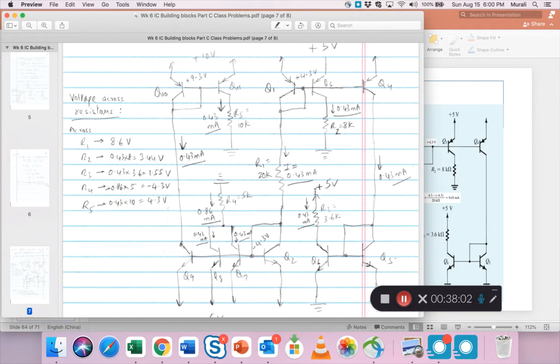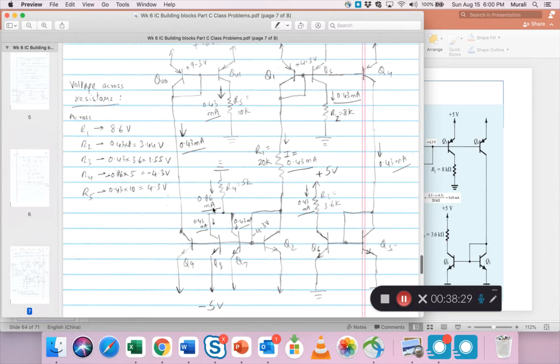R3 is here, 0.43 times 3.6. R4, here, because of the parallel combination, this current is twice the individual currents, so it's 0.86 times 5, and with a negative sign, right? Make sure you understand that, because we are showing the current to be flowing like this. So it's flowing from negative to positive is how we show it. Hence the voltage drop we say is with a negative sign. Make sure you follow that logic.